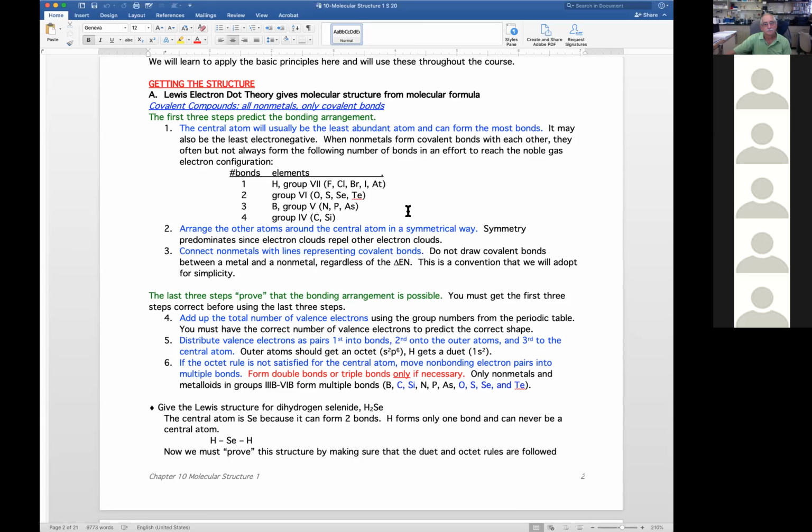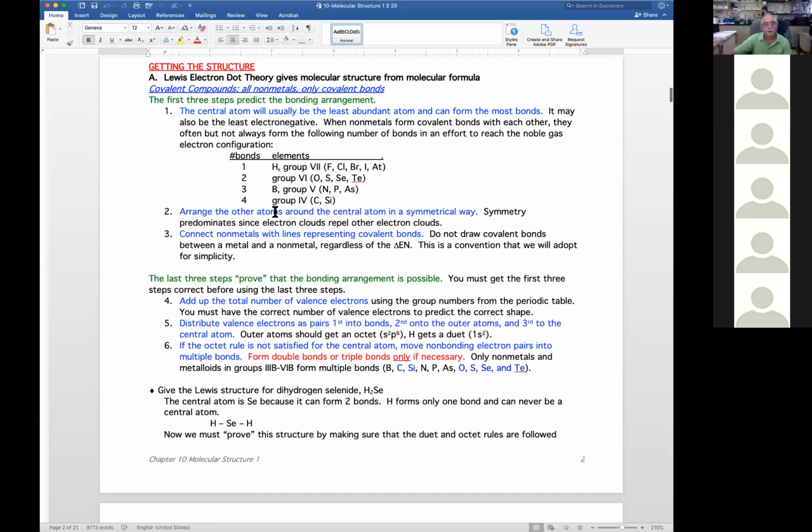Then what do we do? We arrange the other atoms around the central atom in a symmetrical way. And why do I keep using the word symmetry? It's because electron clouds repel each other. So if I take off all the outer atoms of this, this is the way to get all these electron clouds as far apart from one another as possible.